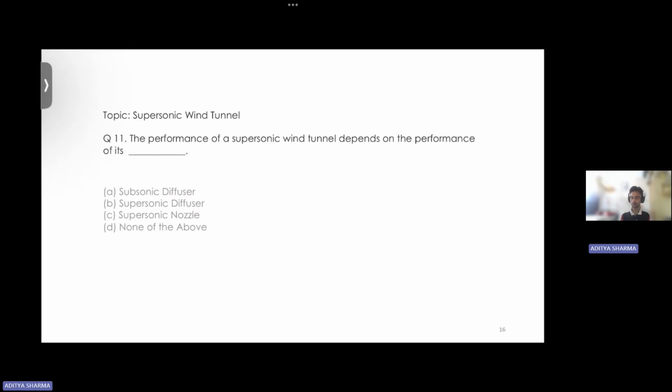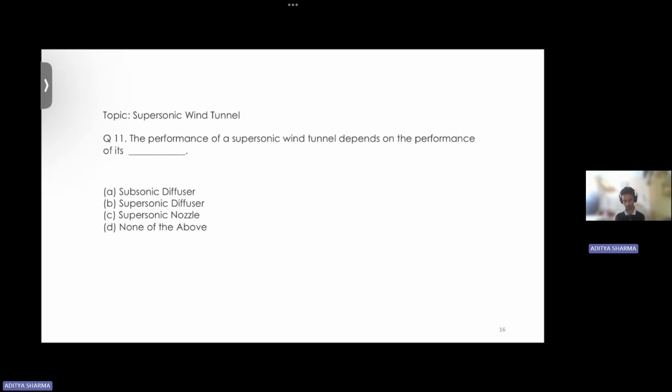One is subsonic diffuser, which means a divergent section, right? Then there is supersonic diffuser, that is a convergent divergent section. And there is supersonic nozzle, again a convergent divergent section. Then the fourth is none of the above, right?